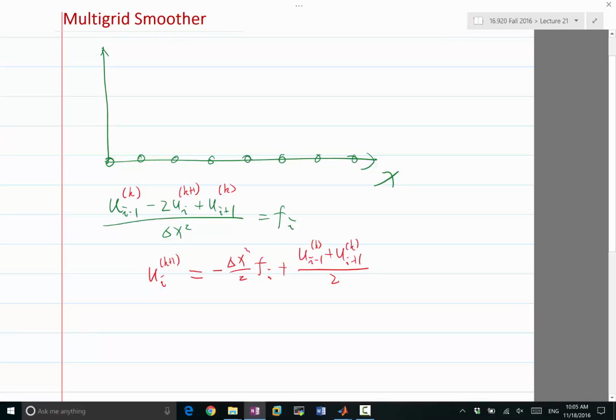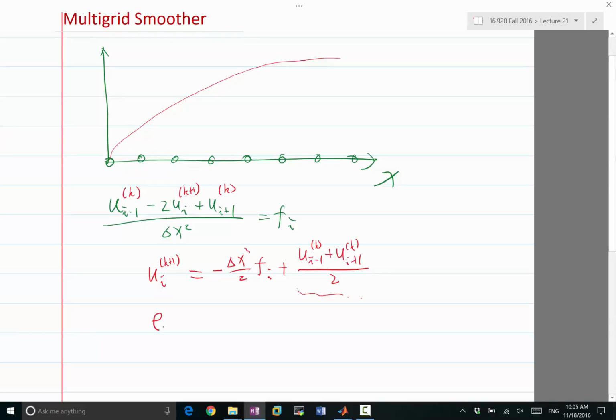It is very intuitive that if I have a mode that is very smooth, this particular iteration, being the average of the two neighboring grid points, would converge very slowly, right?